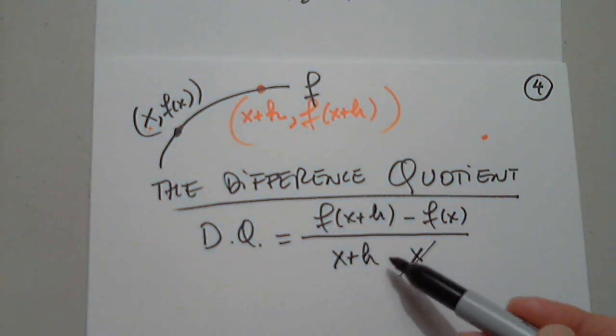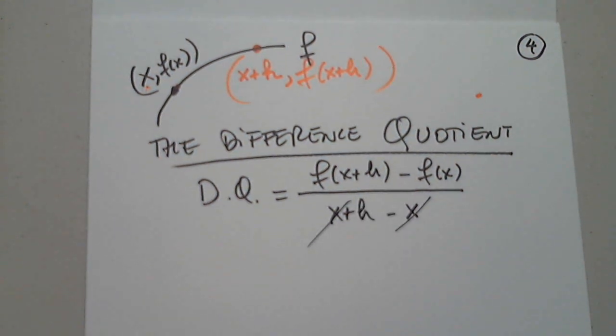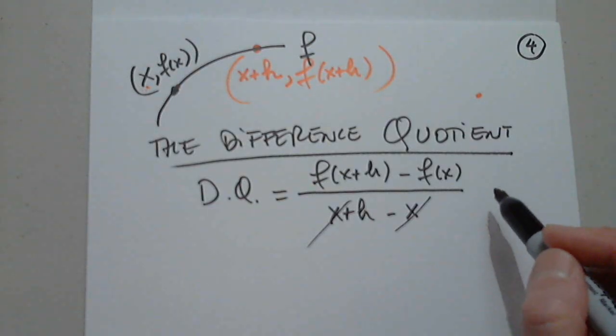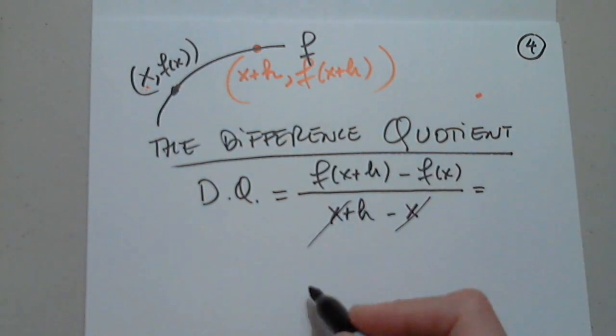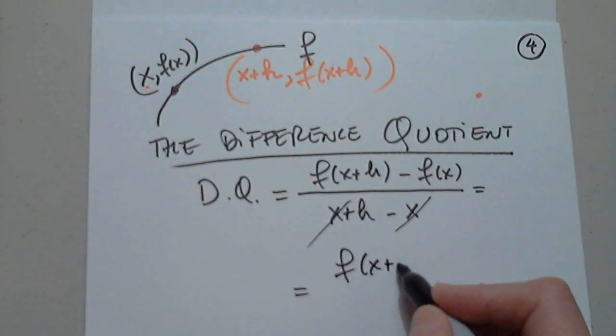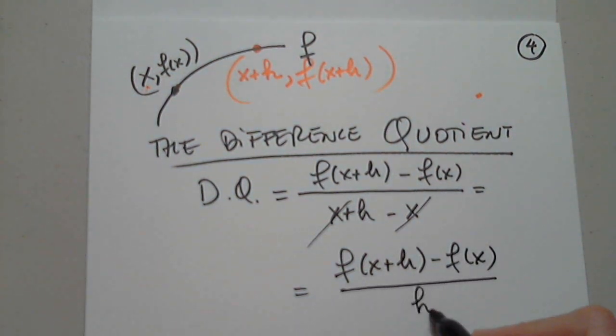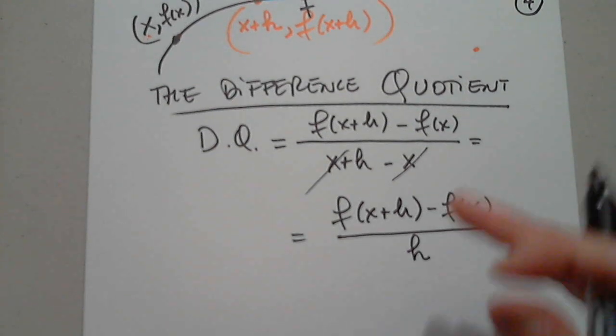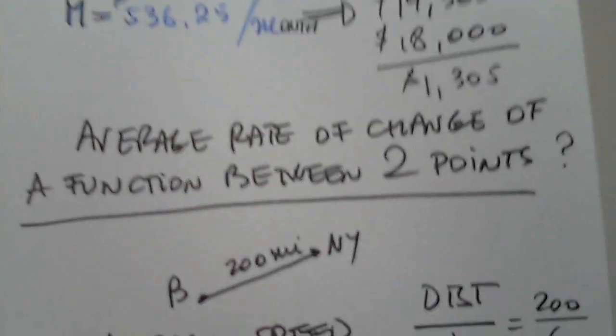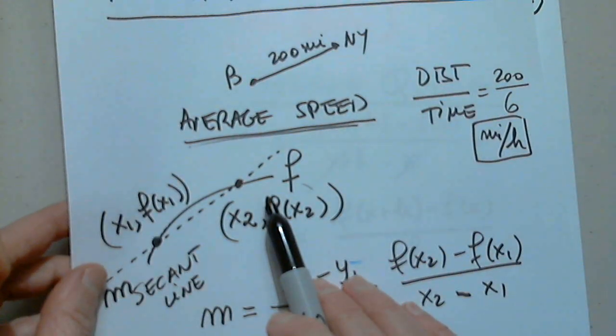And yes, of course, these two simplify. This is what we are asked to determine now. F of x plus h minus f of x divided by h. Where does this come from? From the average rate of change.